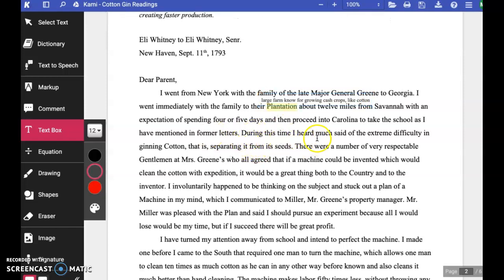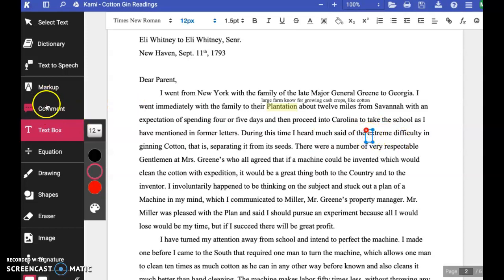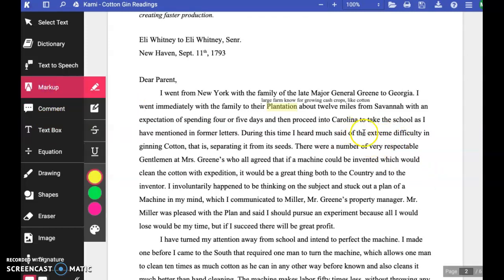Okay, he says, "During this time, I heard much said of the extreme difficulty in the ginning of cotton, that is, separating it from its seeds." So at this point in time, plantations that grew cotton, it was very labor intensive to be able to remove the cotton fibers from the seeds to make it actually usable.